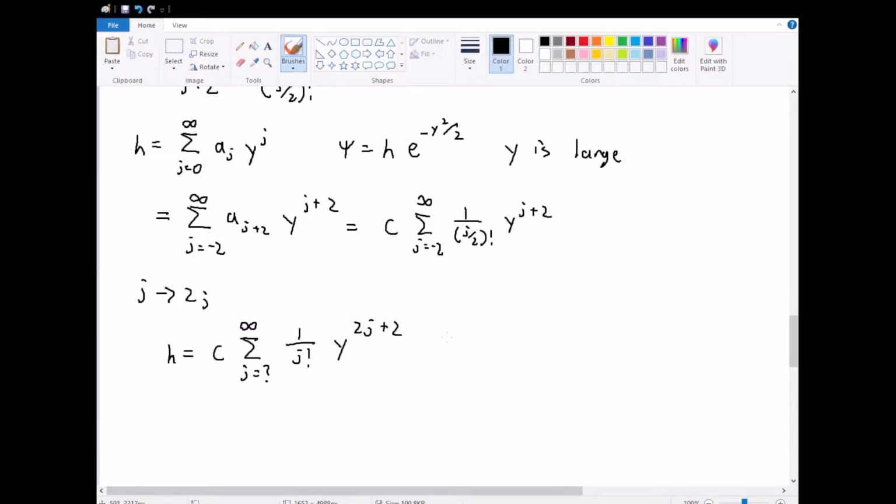What I mean by that is that an exponential function can be represented as a power series. So e to the power of y can be expressed as a summation from j equals 0 to infinity of 1 over j factorial times y to the power of j. So if we have e to the power of 2y, for example, this is going to give us a summation of j equals 0 to infinity of 1 over j factorial again, and then y to the power of 2j.